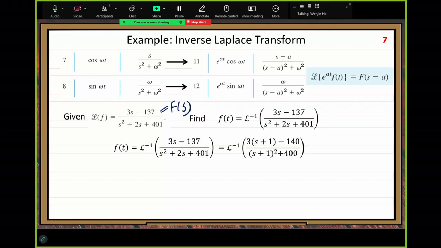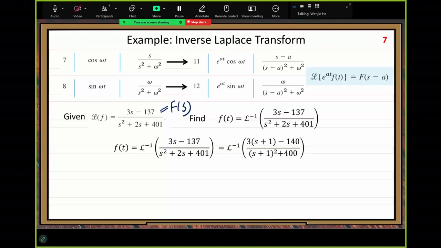In the numerator, you need the same s plus 1 term in order to apply the above formulas. So 3 times s plus 1, but you need to change the constant part to 140. After that, in order to apply the formula, there is one step you need to do.